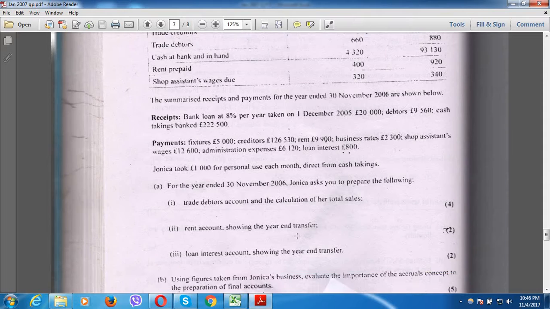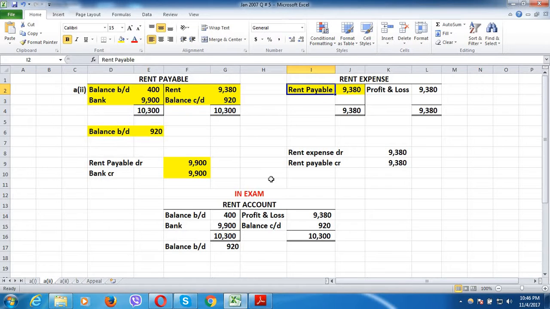Clear? Now to the year-end transfer part. Actually, the year-end transfer is the figure which you will be transferring to your profit and loss account or to your balance sheet. Say for example, in this question 9,380 is rent expense. This is a part of your profit and loss account. It will go to your profit and loss account to find the correct profit or the correct loss for your business for a specific time period.